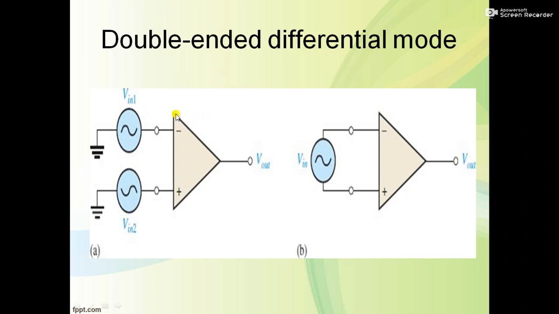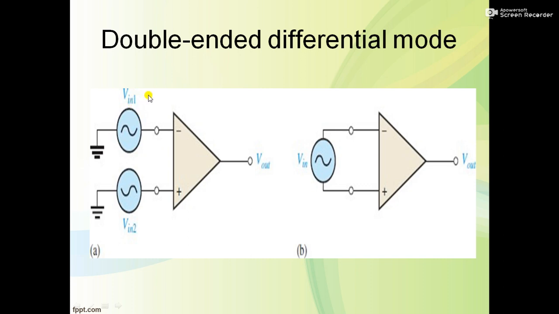Either you apply Vin separately or you can apply the input voltage combined. And this type of signal is called a common mode signal. It means if both inputs are the same, theoretically you can say that the output is equal to 0 volt.